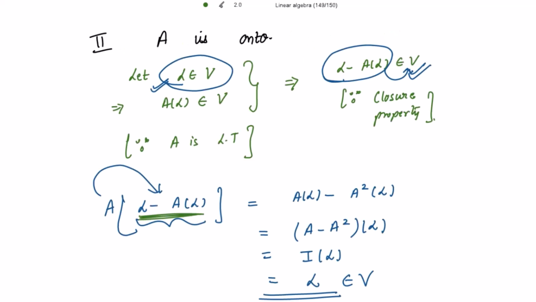So writing this, alpha belongs to V implies there exists alpha minus A alpha belonging to V, such that A of this element is equal to alpha.